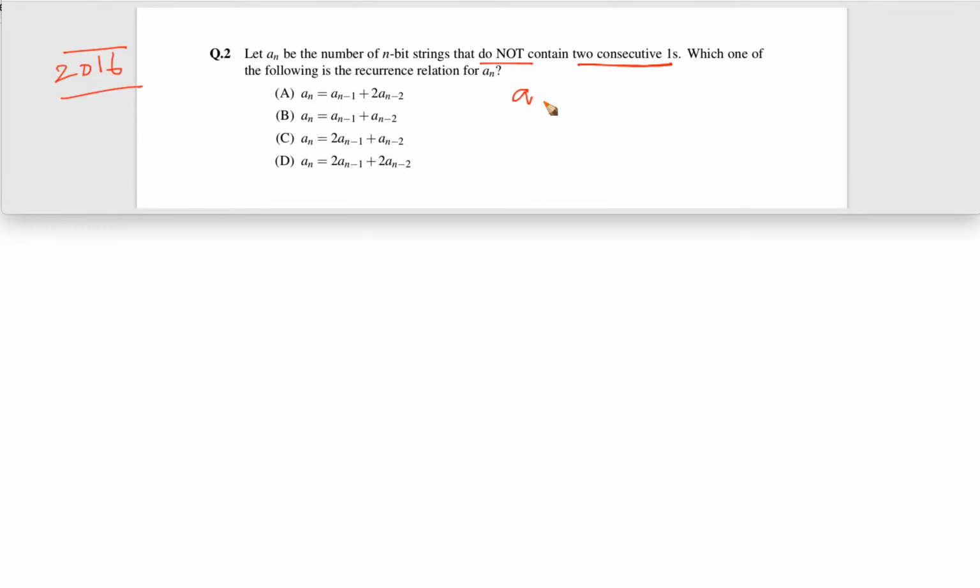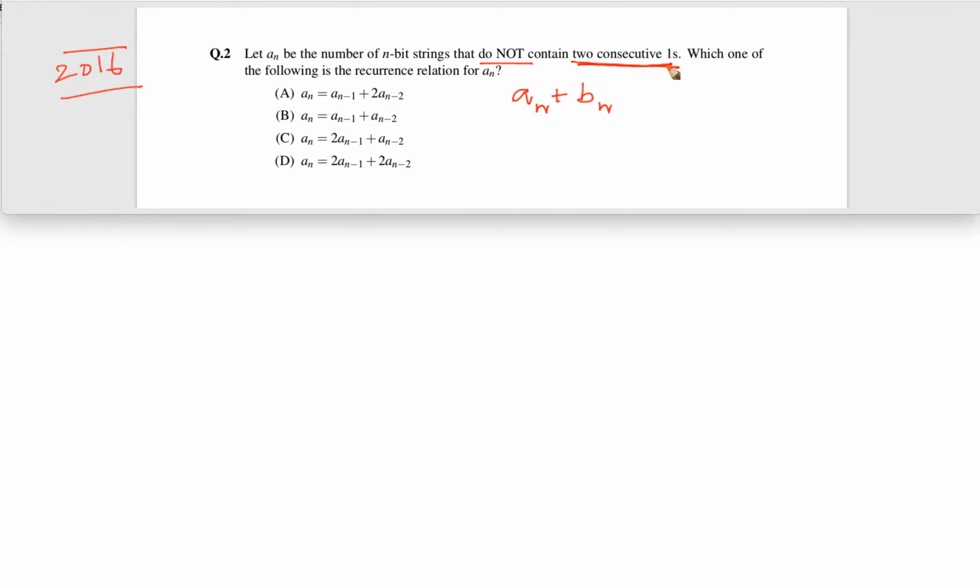So my point is that for all n-bit strings, either it has two consecutive ones, or it does not. So when we are talking about an plus bn, bn is the number of n-bit strings which have two consecutive ones, and an is the number of n-bit strings which do not.